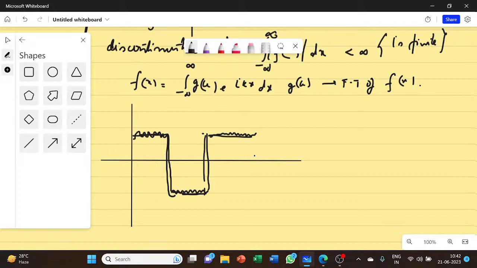So what is the story? The story is very simple. In Fourier series, I'll write it here, the Fourier series is only for a periodic function. What does it tell?